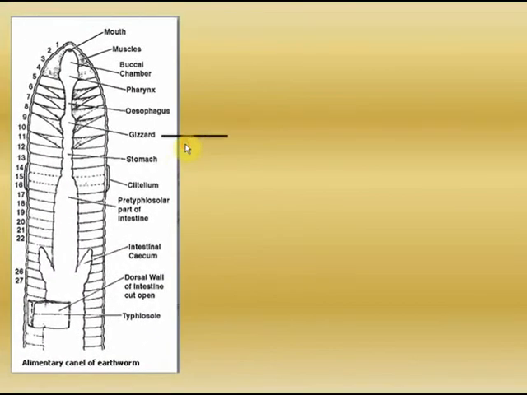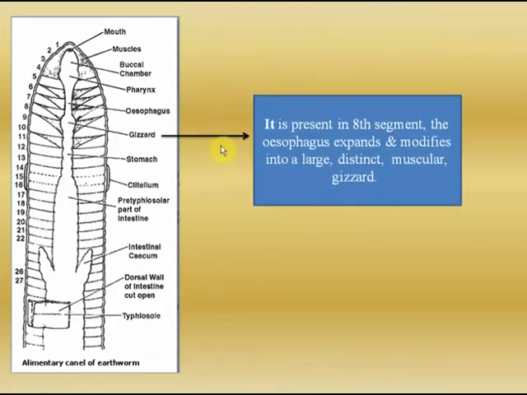Now, gizzard, present in 8th segment or in 9th segment. It is a muscular oval structure. And septum is absent in this region. This is meant for crushing the food.